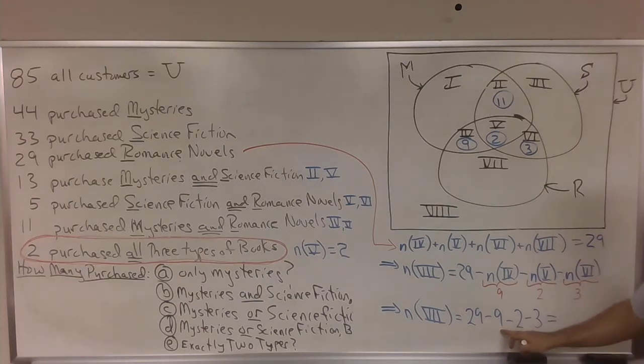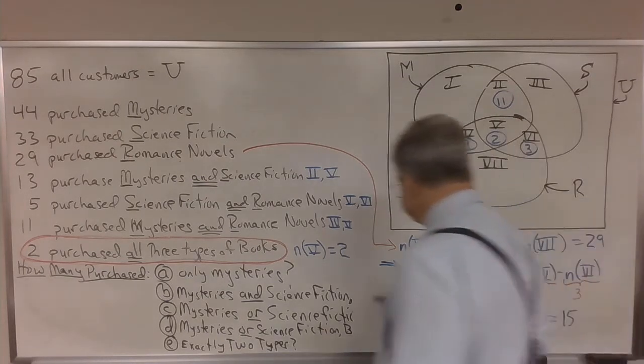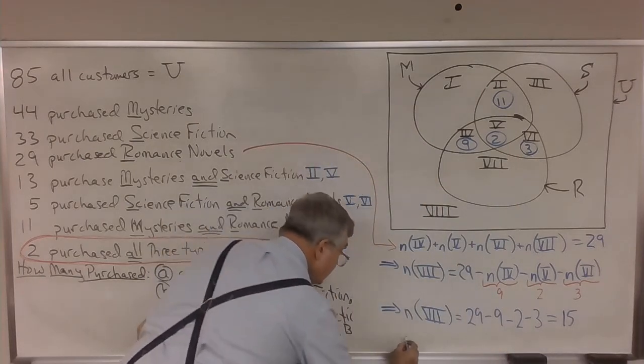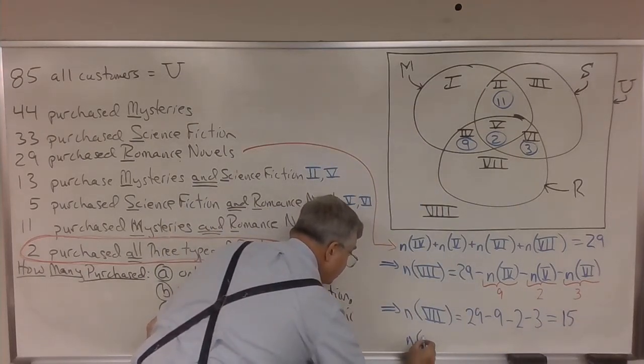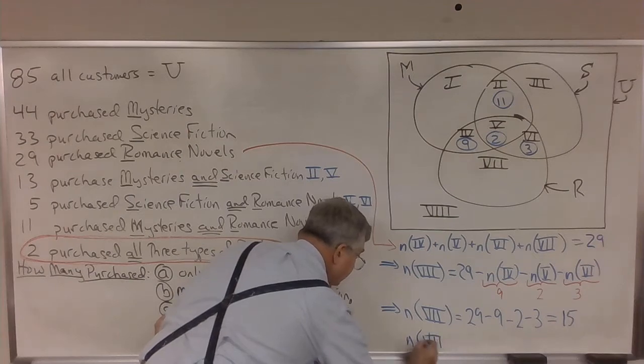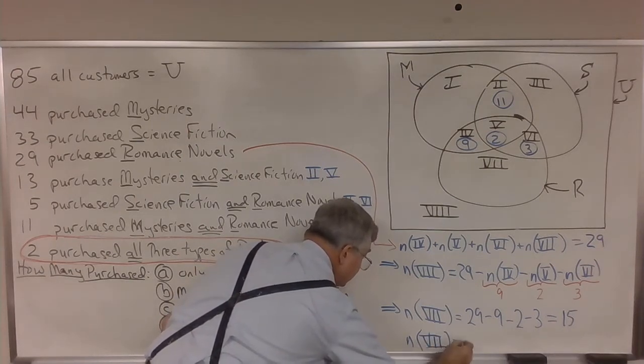Okay, 29 minus 9 is 20. Minus 2 is 18. Minus 3 is 15. Number of people in region 7 equals 15.